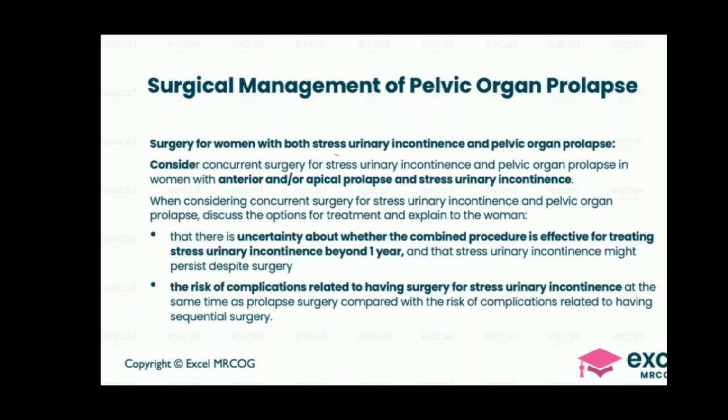So whether to offer both the surgeries together or not is the question. Okay, so NICE guidelines would mention that you need to consider concurrent surgery for SUI and pelvic organ prolapse in women with anterior apical prolapse and SUI. Of course, before surgery, what do you need to do? What do you need to do quickly?